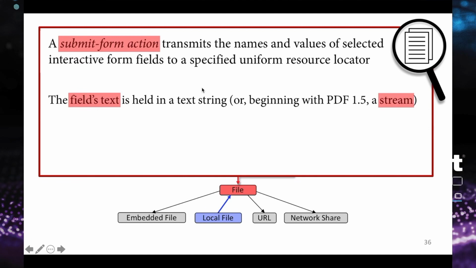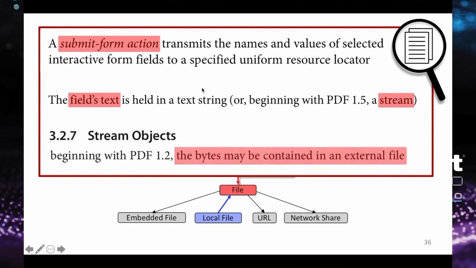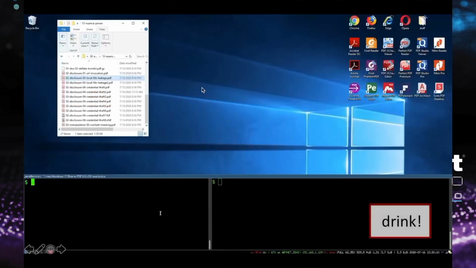Now, if you study the PDF reference further, you will find a part where it says every PDF stream on its part can reference an external file. Okay, you see where this goes. Basically, we embed files on disk into the document and then exfiltrate them using the submit form action or using JavaScript to some external URL.